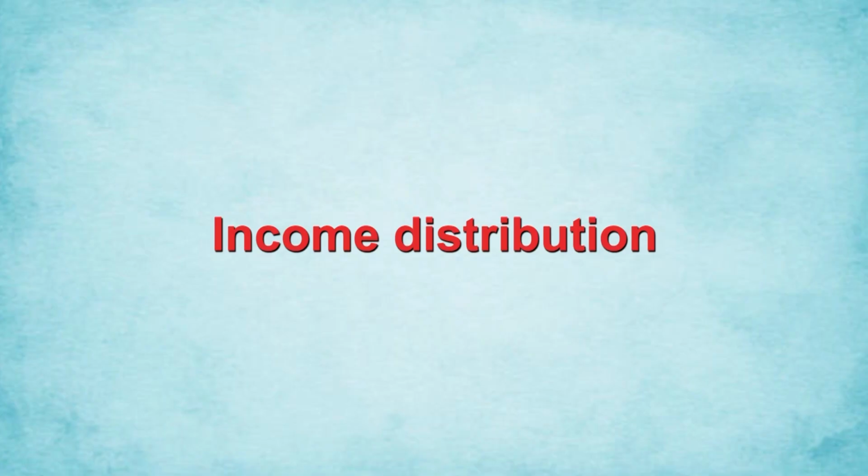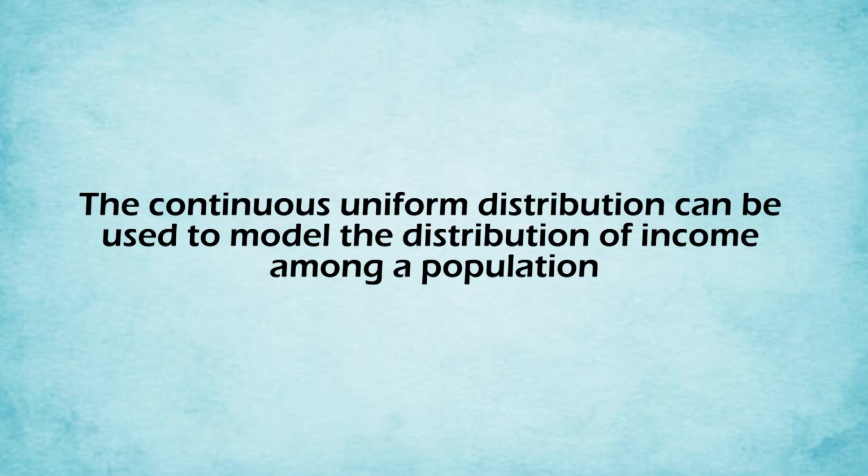Income distribution. The continuous uniform distribution can be used to model the distribution of income among a population. In this context, the range of income levels is divided into equal intervals and each interval is assumed to have an equal probability of being chosen.